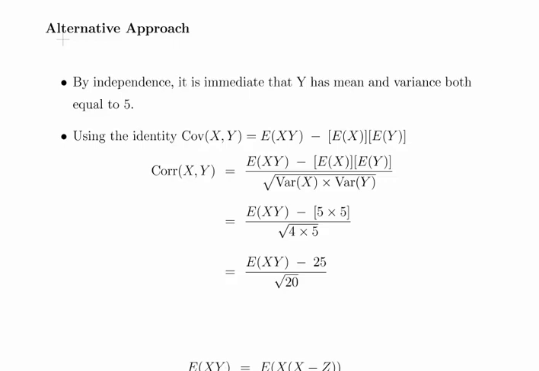That's grand. Now, what I'm going to do here is quickly try a different technique, or approach it from a different angle, partly just to get the most out of the question. We're going to follow the same overall approach, but look at a couple of things from a different point of view. So by independence, we're just starting again. By independence, it is immediate that y has mean and variance both equal to 5.